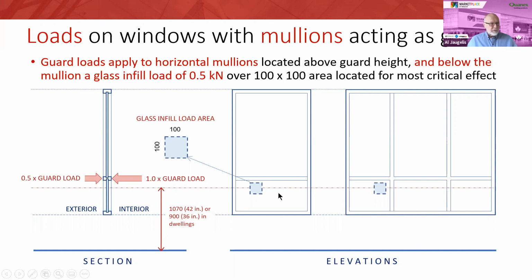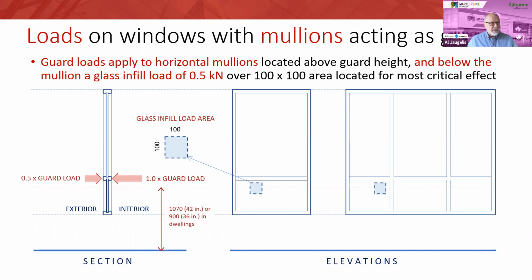It would be very clear, because if it was actually a guard, then the guard must have glass that can support the infill load. I don't think the requirement for the window to support a guard load automatically turns the window into a guard.